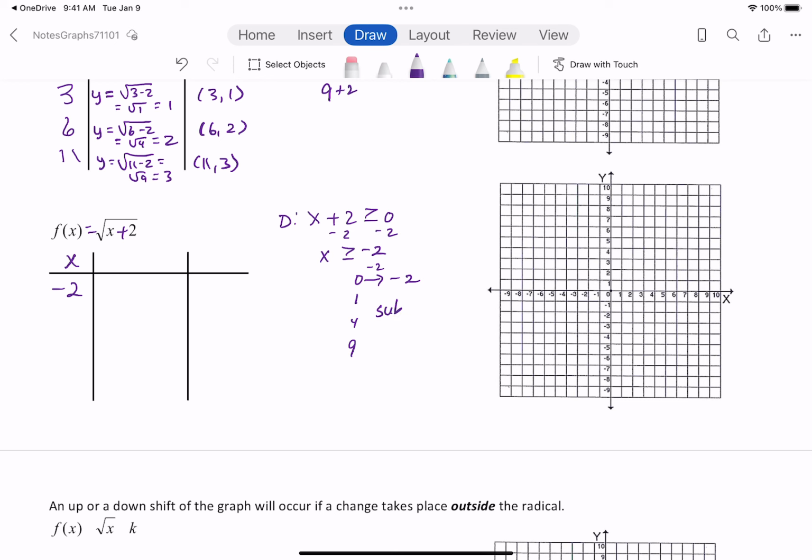So I'm going to subtract 2 from each of those perfect squares to get my x values. So 1 minus 2 is negative 1. 4 minus 2 is 2. And 9 minus 2 is 7.